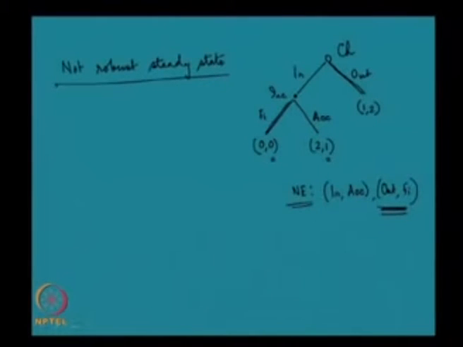So, the idea that we shall develop now is what is known as subgame perfect Nash equilibrium.